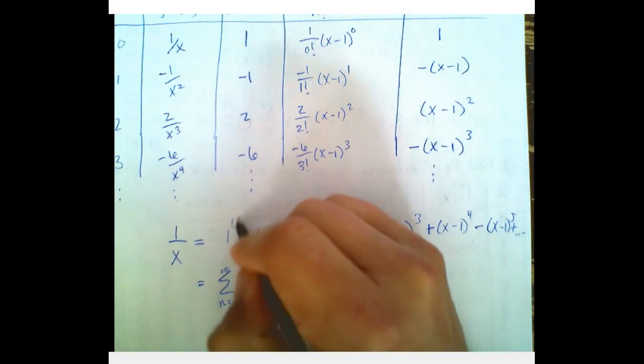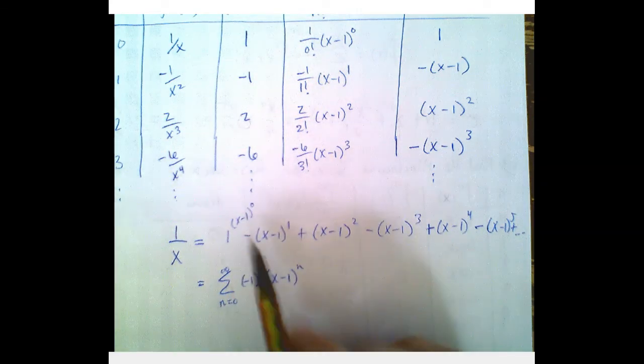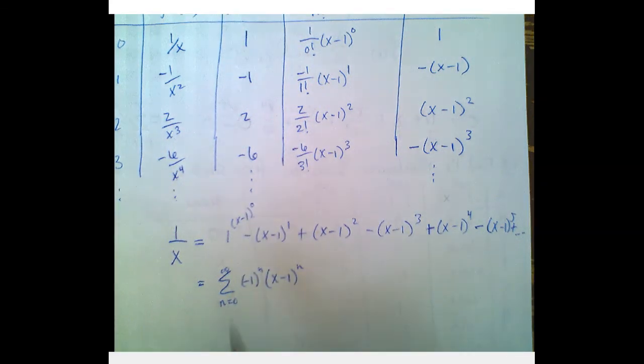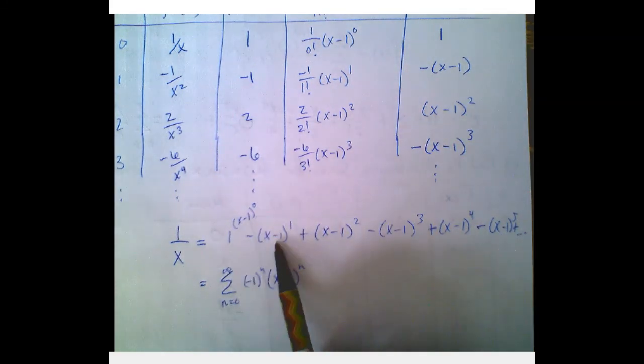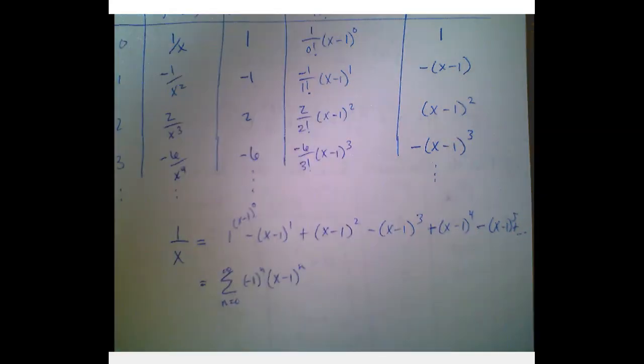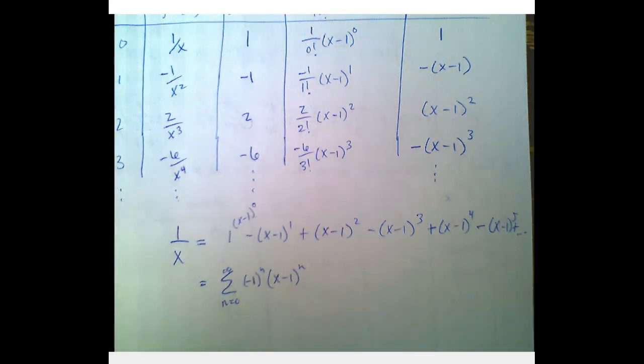Of course, the first term would be x minus 1 to the 0. That's true here. Okay. So this is the Taylor series representation of 1 over x. Of course, if we were to just plug in these terms into Desmos, we would see that it approaches the 1 over x function pretty nicely.